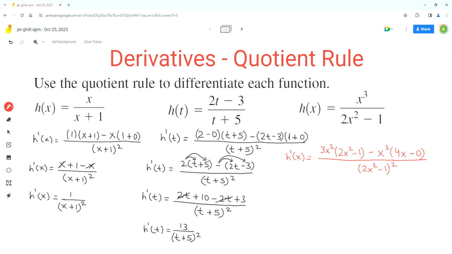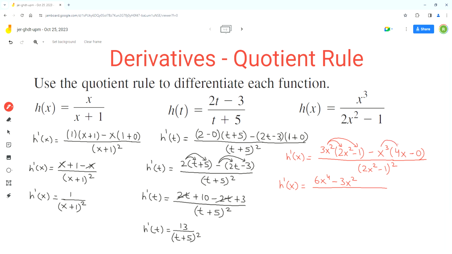Now we can simplify the numerator expression. So in the first parentheses, we can distribute 3x squared. So we multiply each term in the parentheses by 3x squared. So we get 6x to the 4 minus 3x squared. And in the second part, we can distribute x cubed in the parentheses.